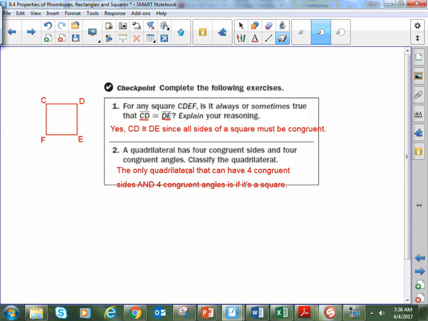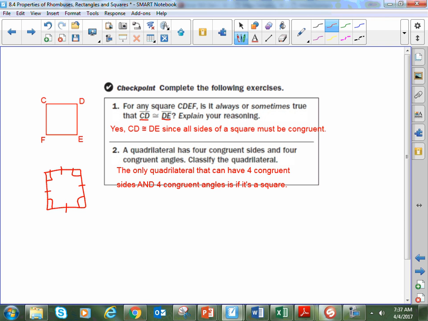Now, I'm going to show you an argument that a student made to me one year that I really had a hard time answering. I don't necessarily disagree with it. I couldn't really fault the student on their logic. Most of us are thinking that if it has four congruent sides and four right angles in it, then it has to be a square.